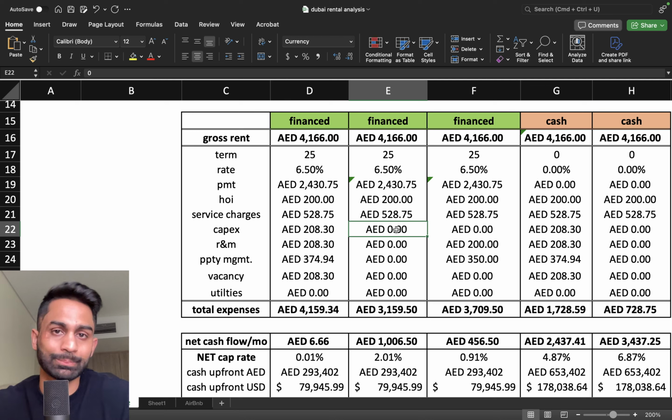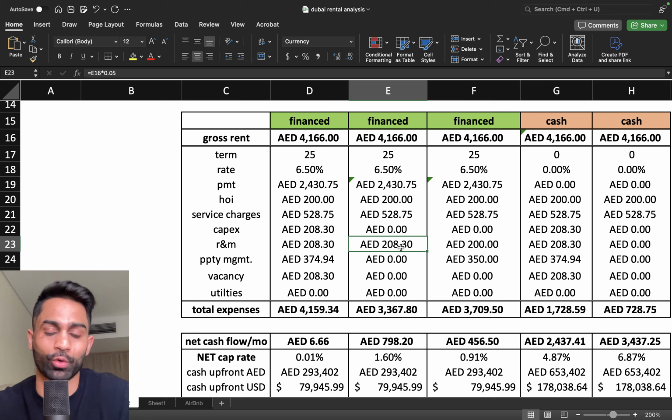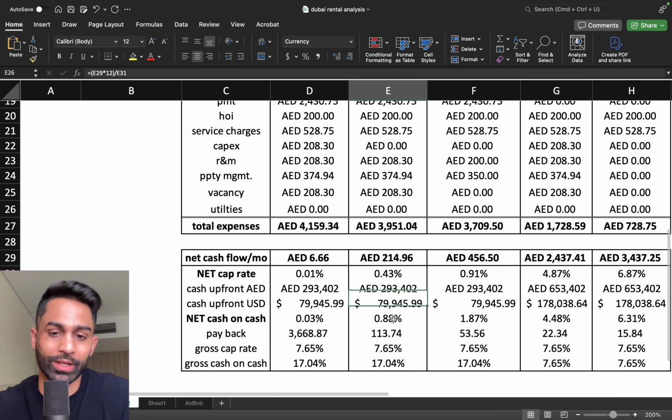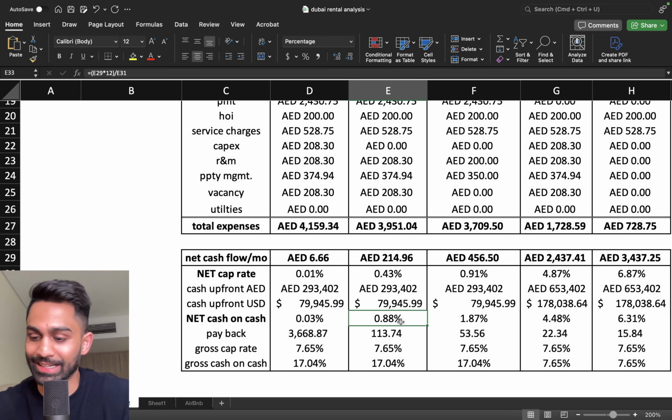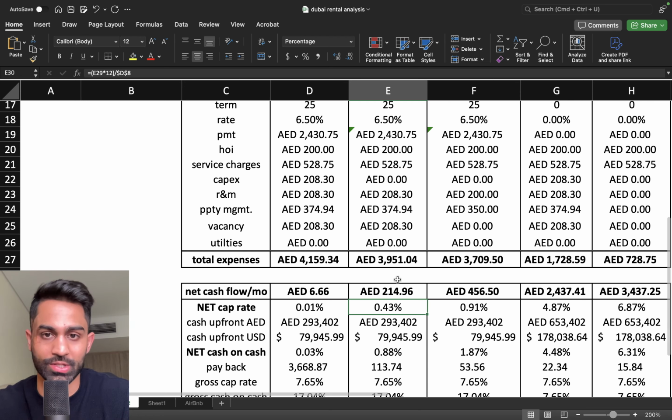So CapEx wise, I don't think they're going to require big expenses, but repairs and maintenance, yes, I think that needs to be accounted for, 208 dirhams, which is about 5% of the gross rent. Property management, I think that needs to be accounted for as well. And vacancies, again, I think that needs to be accounted for as well. Utilities, nothing. And now we're looking at just under 1% in net cash on cash. So that's the number that we're working with right now, and a cap rate of just over 43 basis points.